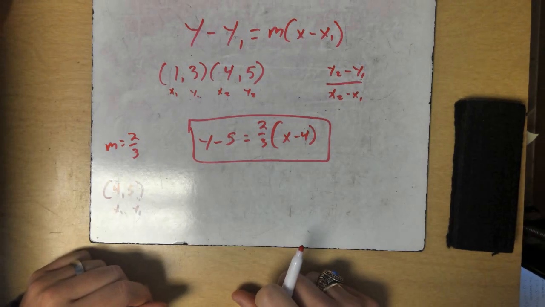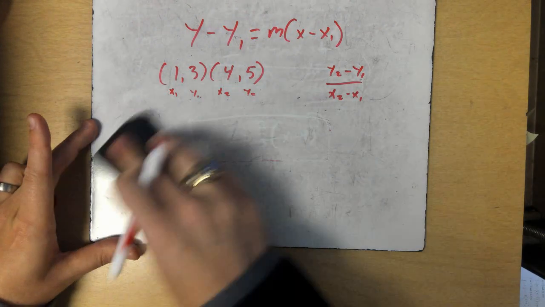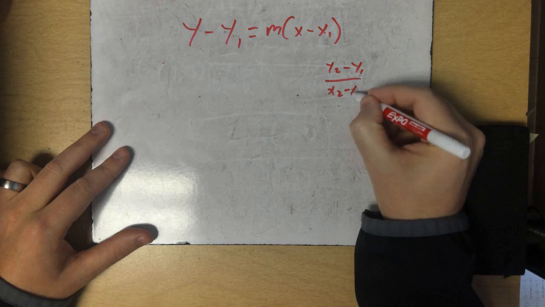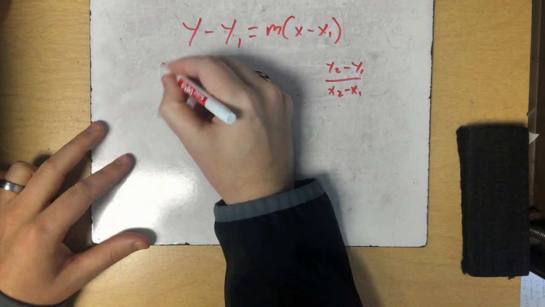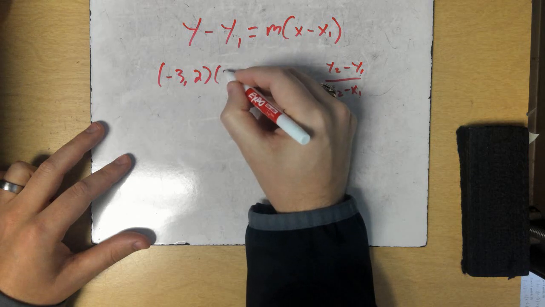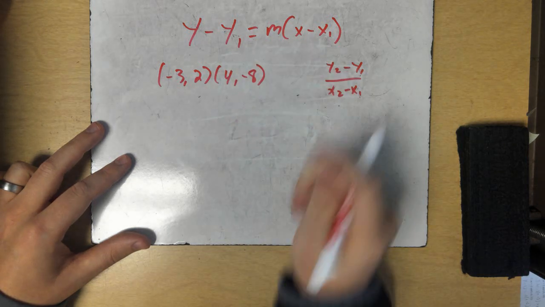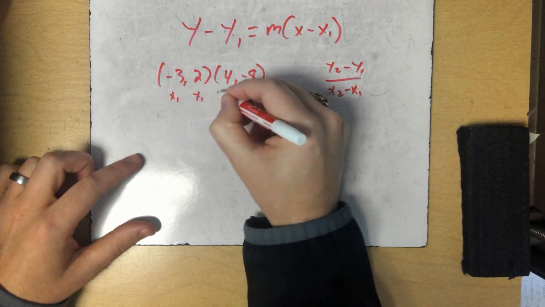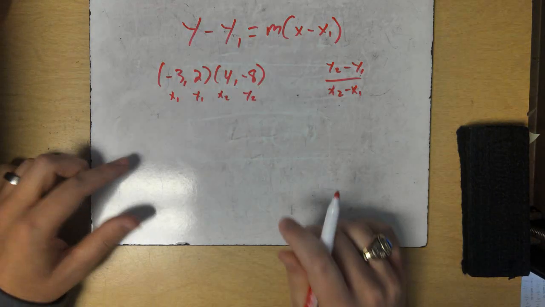Okay. Let's do one more example. Sorry, we're going to leave this up here. Let's say I give us points of -3, 2 and 4, -8. So plugging in, we have x1, y1, x2, y2.